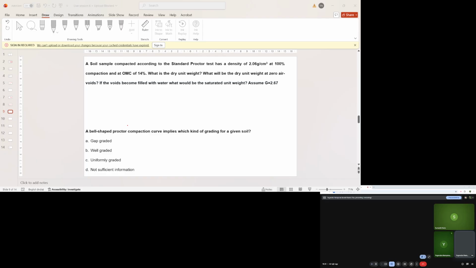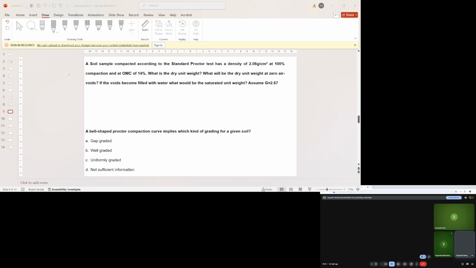Gamma dry is equal to gamma w G divided by 1 plus w into GS divided by S. Zero air voids in the sense it is completely saturated, so S equal to 1 we will take. So how much are you getting?